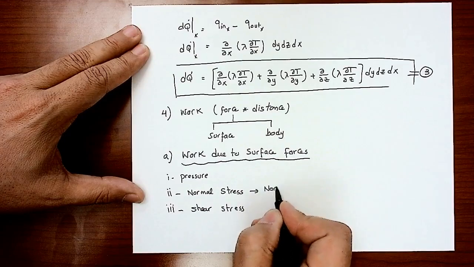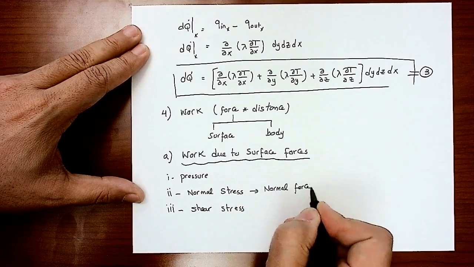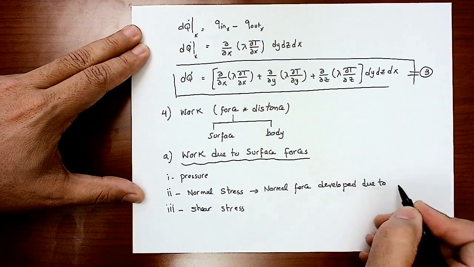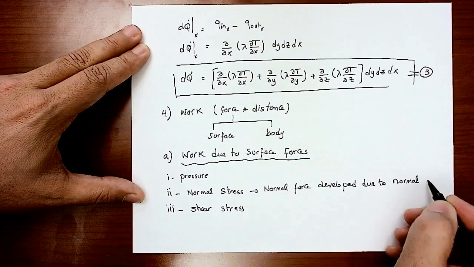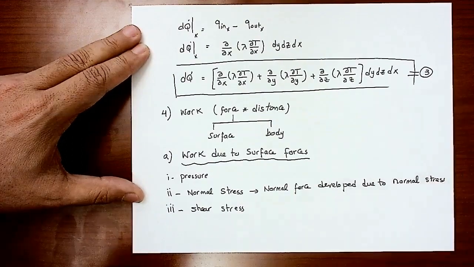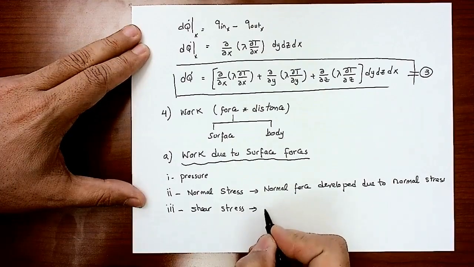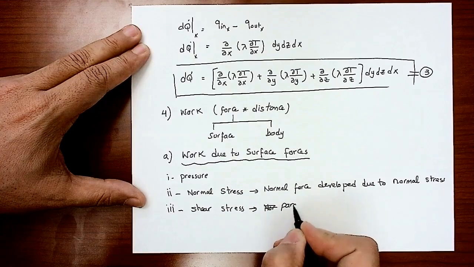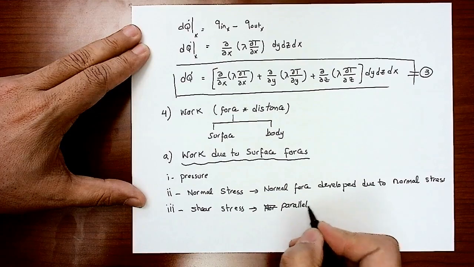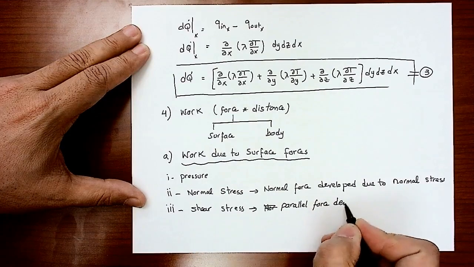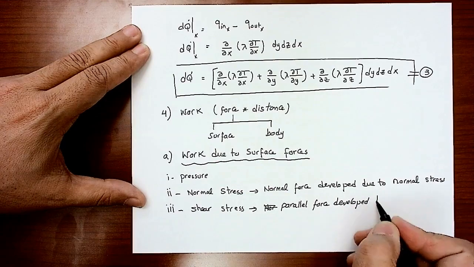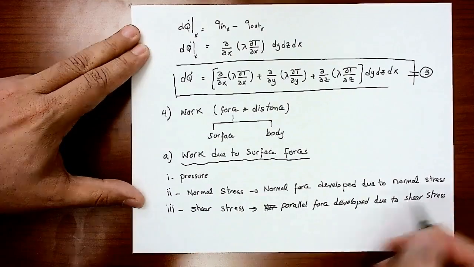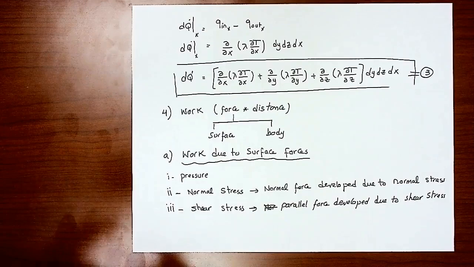So it's actually normal force developed due to normal stress. I mean, normal stress here is compression or expansion. And number 3 is the shear stress, which is not going to be normal, it's going to be the parallel force developed due to shear stress.